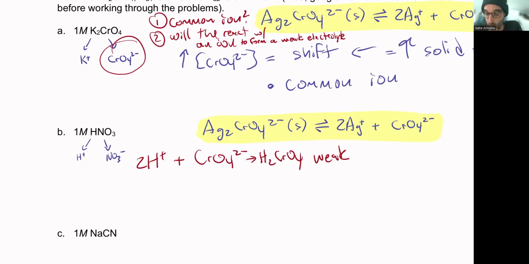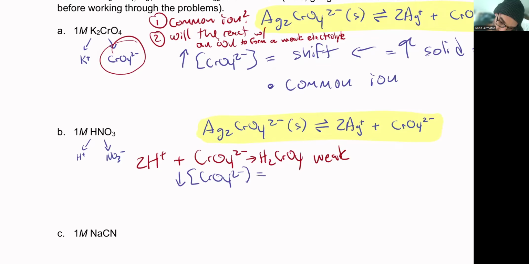So because it's a weak acid, when a weak acid forms, it sticks around, right? That's what we know, it doesn't dissociate. So by forming the weak acid, it's not going anywhere. So the H plus is essentially removing the chromate from solution. So this ultimately has the effect of decreasing the amount of chromate in solution.